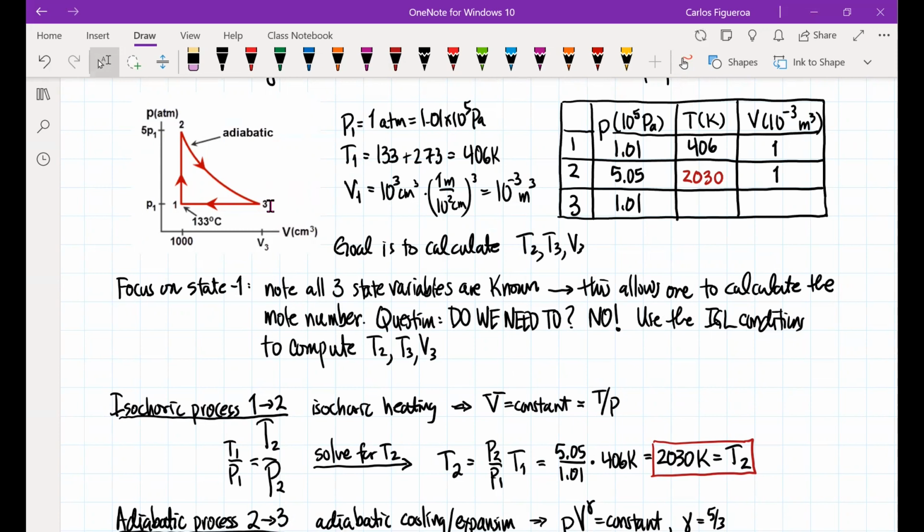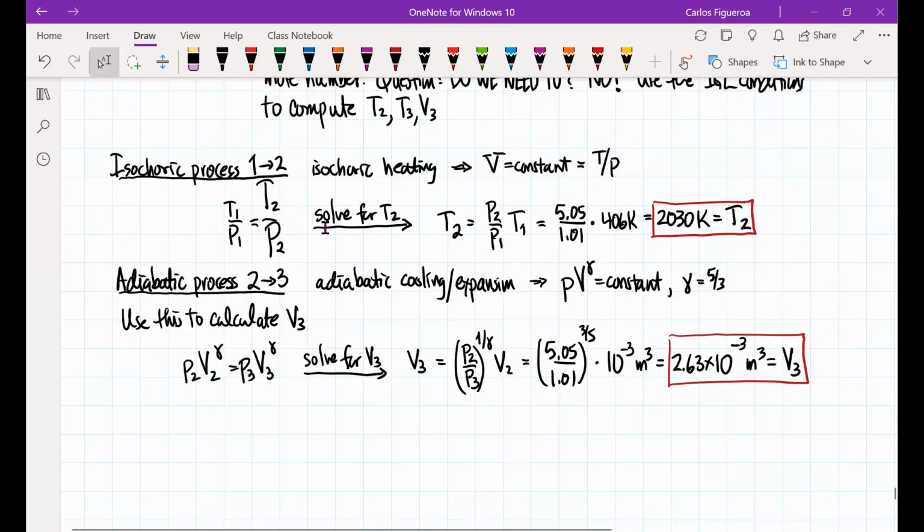Or the other thing that we could do is use the process between 3 and 1, which is an isobaric cooling process. I think we should use the isobaric just because it's a different process and we can look at that. So now I have an isobaric process between 3 and 1.